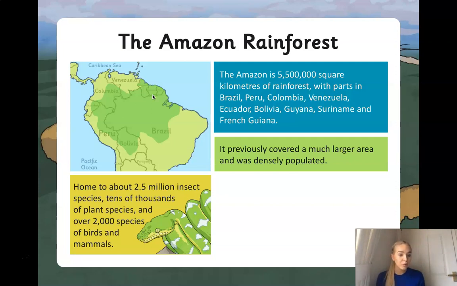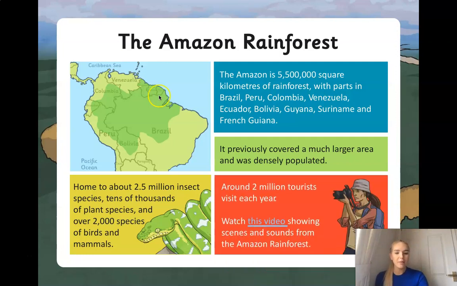It's saying there are 2.5 million insect species, so types of insects. But there might be loads and loads of one type of insect and another type, and that would mean there's more than 2.5 million insects, but the species is 2.5 million. So you can just see how much is in the Amazon rainforest, and that it takes up so much space, 5.5 million square kilometres.